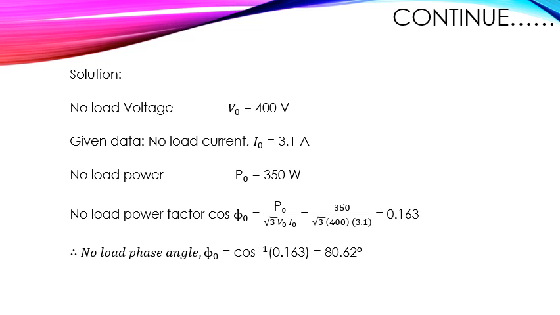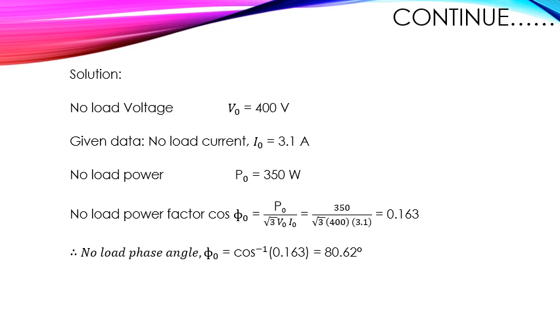So let us see the given data first. As per the no load test, no load voltage is 400 volts, no load current is 3.1 ampere and no load power is 350 watts. So using that we can find out the no load power factor, which equals P0 by root 3 V0 I0.